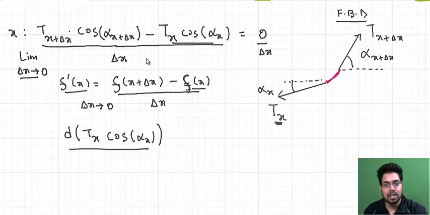And obviously this delta x becomes dx, as we have applied the limit delta x approaches 0, and this equals 0.